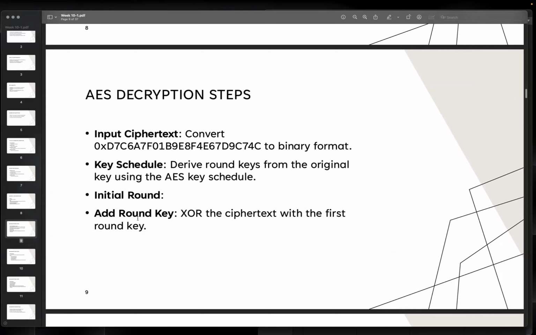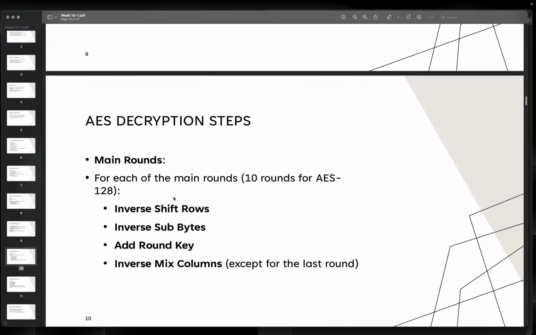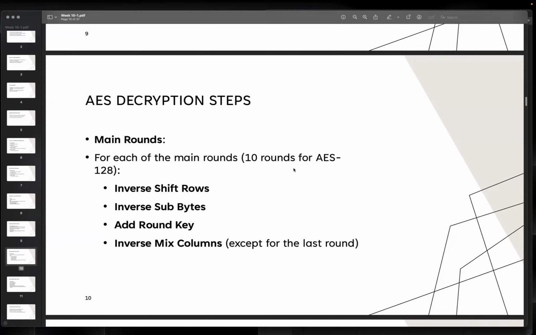So we add the round key with XOR first, and then later we do the shift. We inverse the shift rows, and then inverse the sub bytes and add the round key. Then they do the inverse mix columns like this. For AES, 128 means 10 rounds.